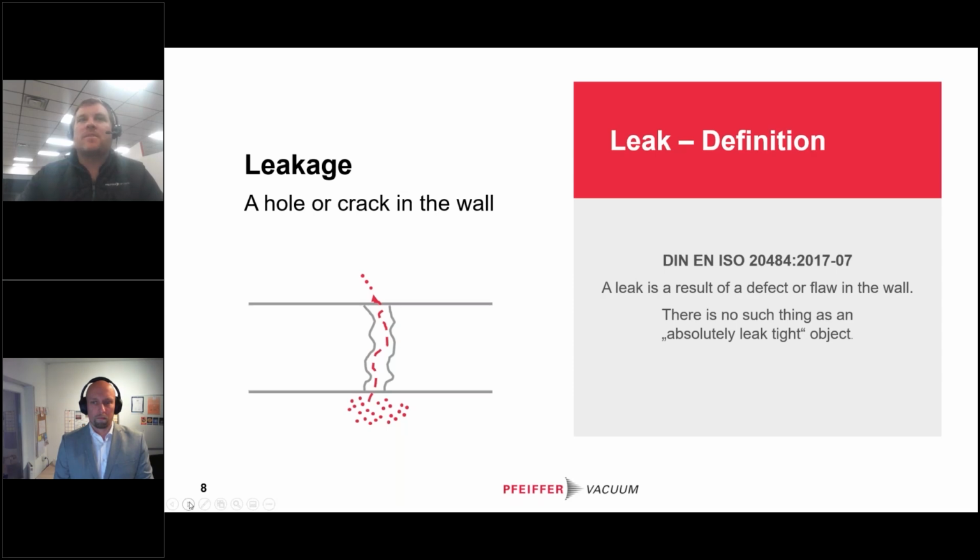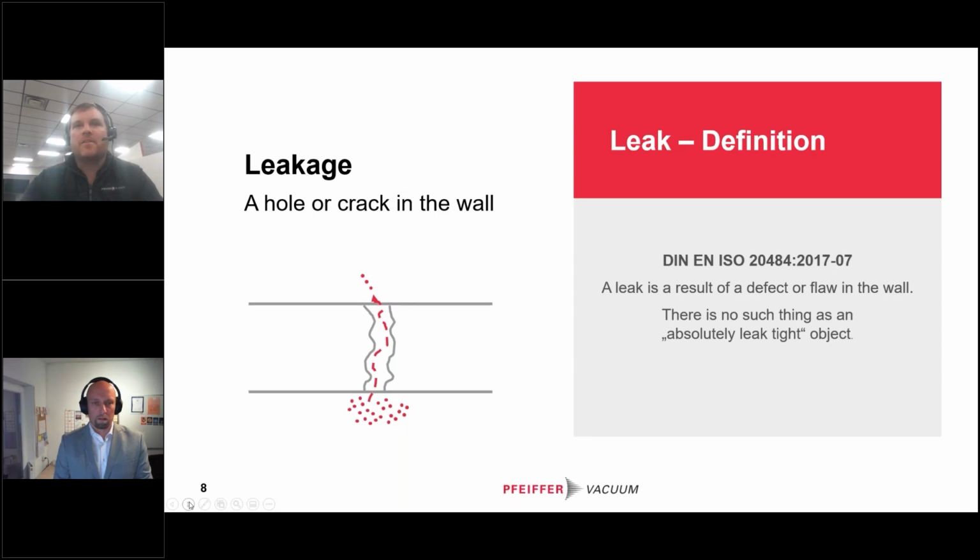It could be a capillary, something similar to what's shown on the screen. There could be something with a much more tortuous path. It could be something as simple as a hair or burr across some sealing surface. Different types of defects will allow different gases or different fluids to leak in different amounts.